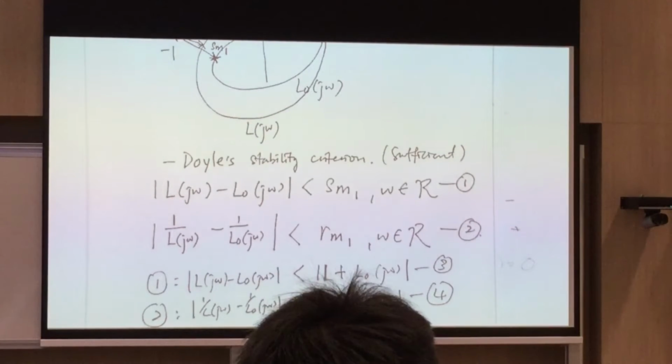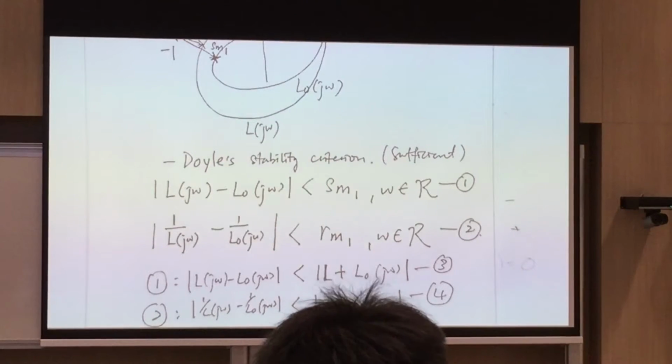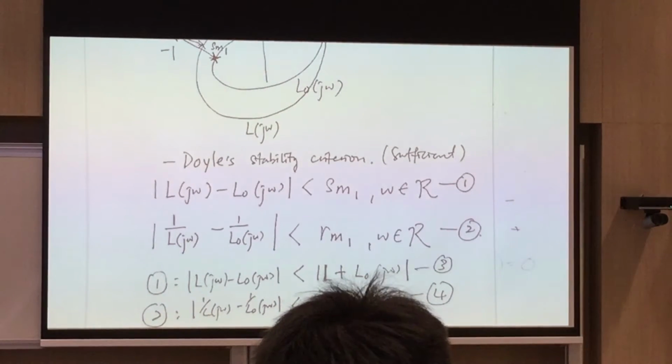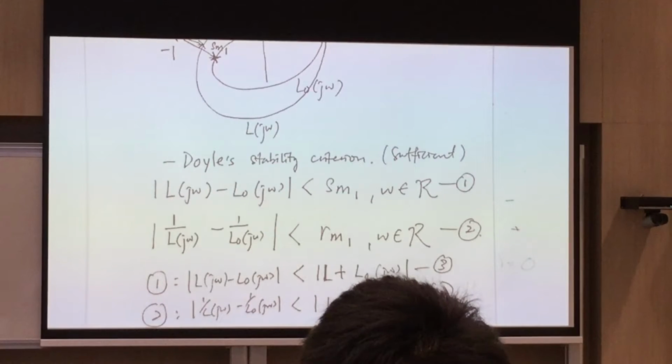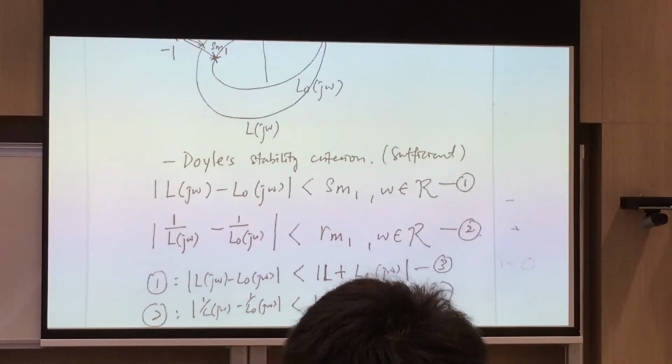Okay, and next what you need to do is you can also further relate these two margins to your sensitivity functions. Yeah, because you can understand that the margins have an inverse relationship with sensitivity functions. Okay, so from 3 and 4, alright, just divide by L naught and 1 over L naught.